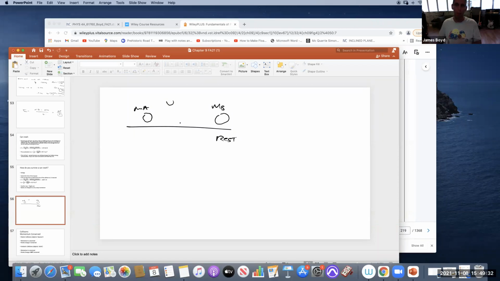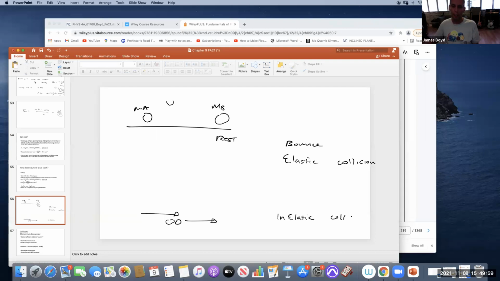What happens is mass A can hit it, and if they bounce off each other, we assume it's something called an elastic collision. And these are almost always these type of masses, one-dimensional elastic collisions. We'll talk about what that means. If after they hit, they stick together and travel off together, that is inelastic. And we'll talk about what that means.